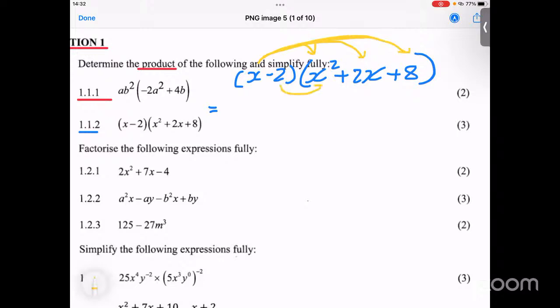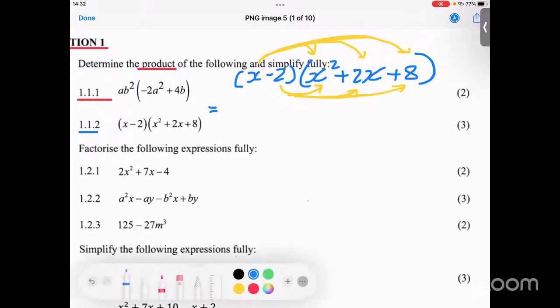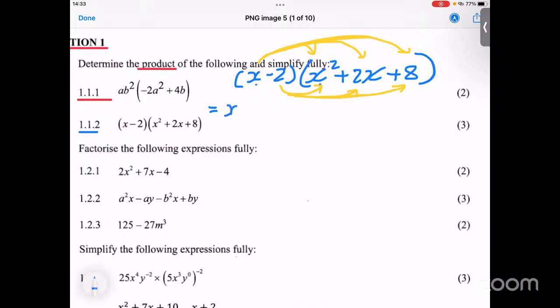Then again, you do that by that, that by that, that by that. So it gets lengthy in that sense. So now, let's see. We will say x by x squared, it becomes 3 of them. Then x by 2x, it will be 2, and then the x will be 2.